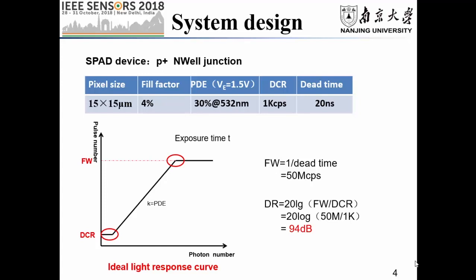The lower one is the dark count rate, and the higher one is the full well. Because the dead time is 20 nanoseconds, the full well is 1 divided by dead time, which equals 50 million counts per second. So the ideal dynamic range is up to 94 dB.